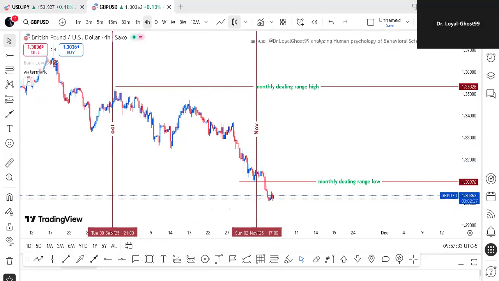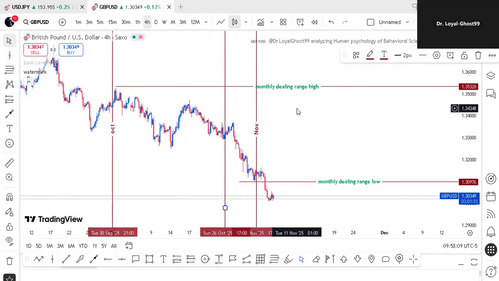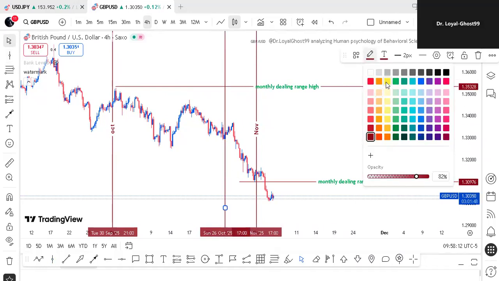So let's go. The next step is my weekly. What's my weekly dealing range? This is my top-down analysis, from the higher time frames to the lower time frames. The previous week is in yellow.